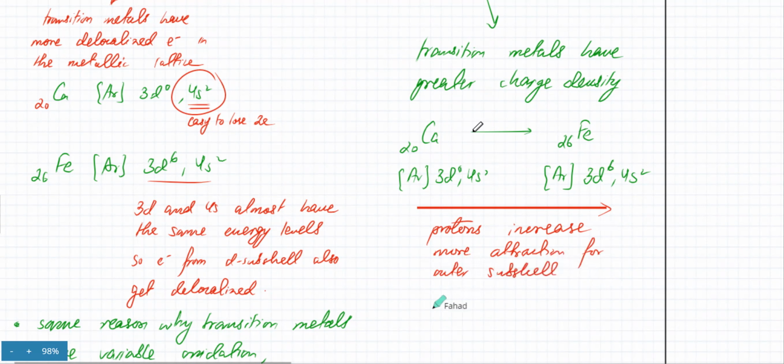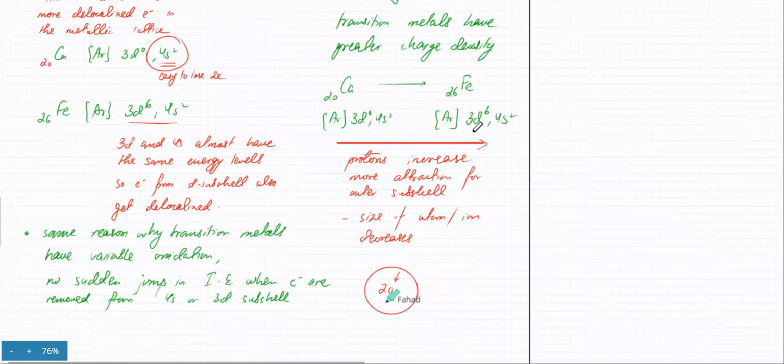So the size of the atom or ion decreases. With 20 protons, like in calcium, the outer 4s and 3d electrons are not going to be attracted very strongly.